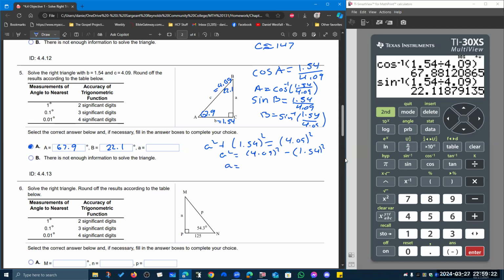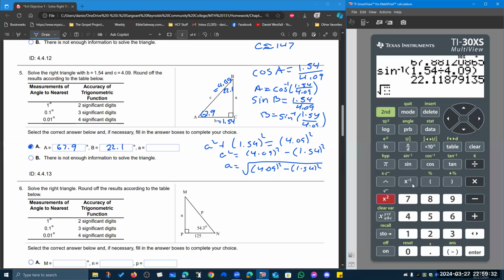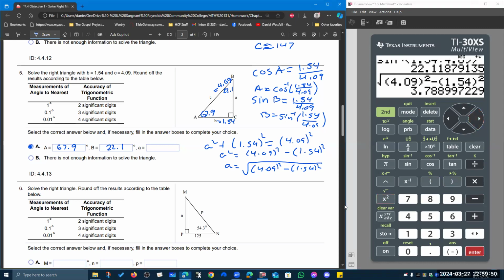And so a is equal to the square root of 4.09 squared minus 1.54 squared. And we're going to go to three significant figures. It's going to be 3.79.